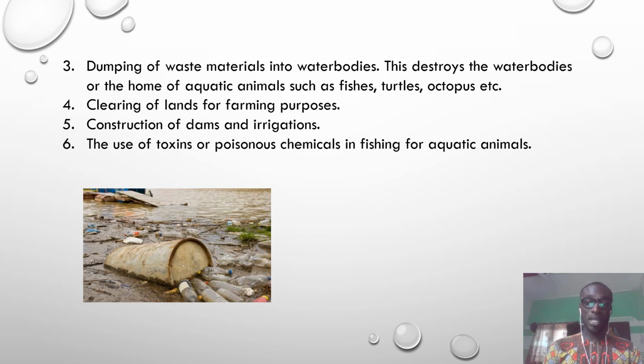We talked about dumping of waste materials into these water bodies, also clearing farmlands for farming purposes, and then we talked about construction of dams and irrigations. We also identified the use of poisonous chemicals in fishing for aquatic animals.